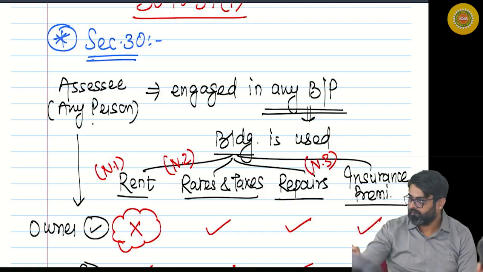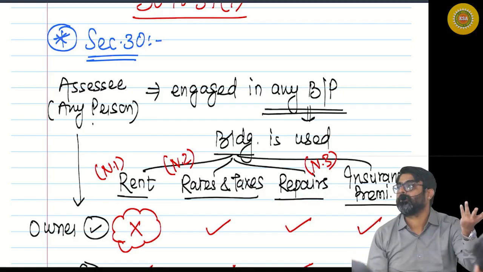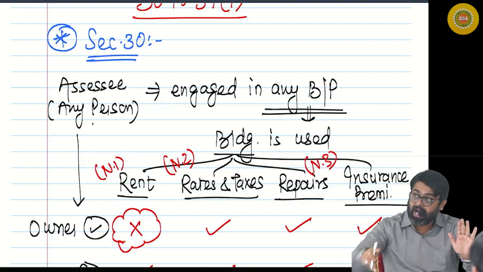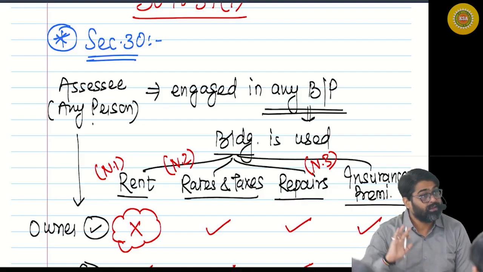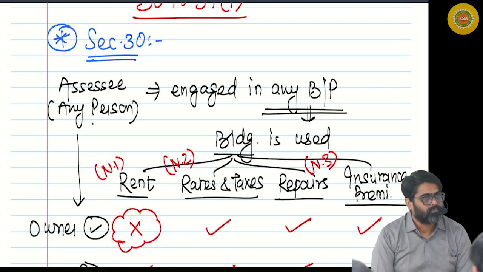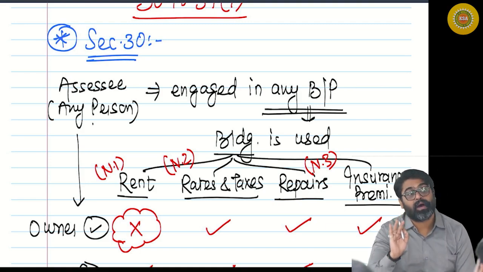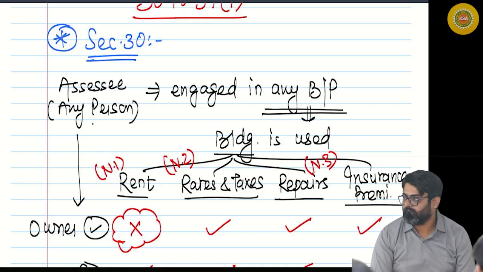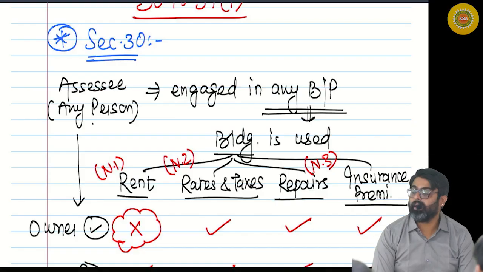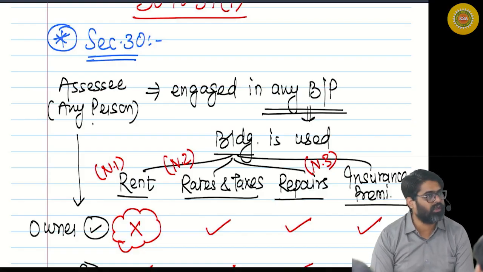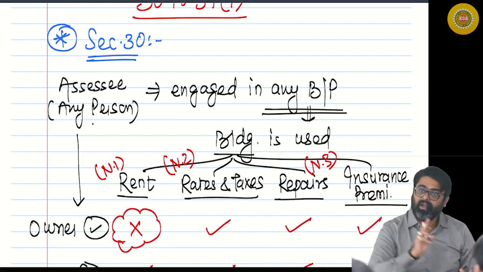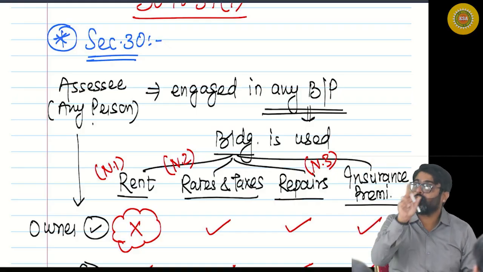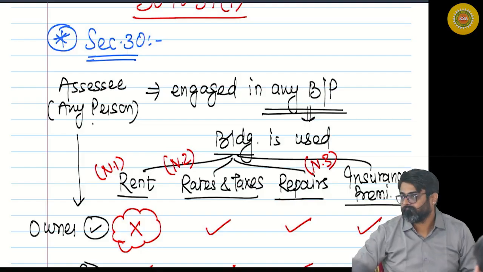So pay the expense during the previous year itself, get the deduction. Or if you are not paid during the previous year, no problem. On or before the due date of filing ROI for this previous year also, if you are paid, then also you can take the deduction. But if the due date of filing of ROI is gone and you have not yet paid those expenses which are prescribed in section 43B, you are not going to get any deduction for those expenses in this year. Whenever you will actually pay, in that year you are going to get the deduction. Now all those expenses covers taxes. What?